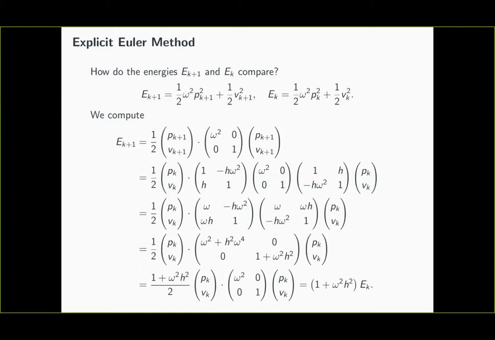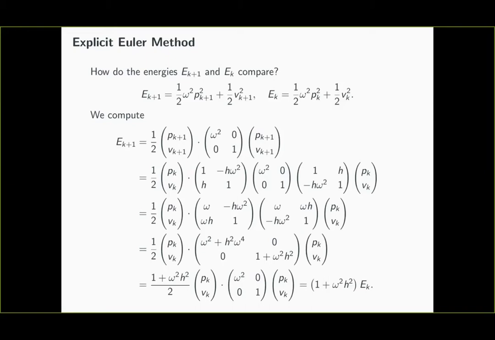Namely, the matrix is diagonal with entries omega squared plus h squared omega to the 4th power, and the next entry is 1 plus omega squared h squared. And then we multiply that to the vector (p_k, v_k).